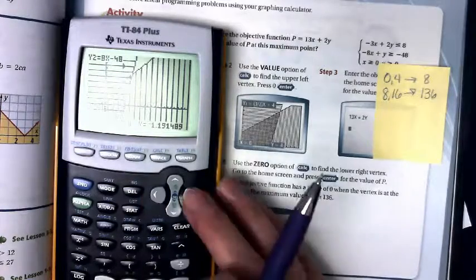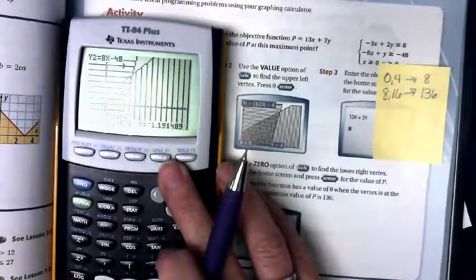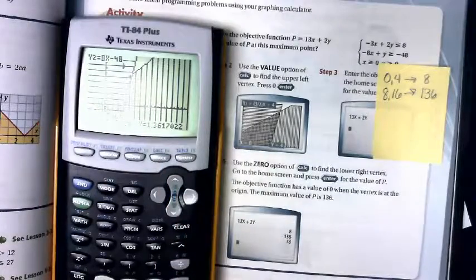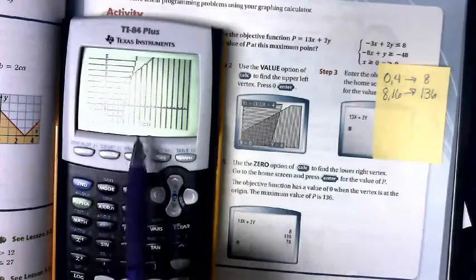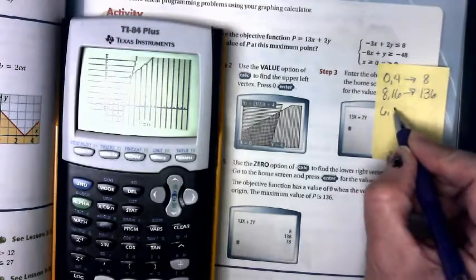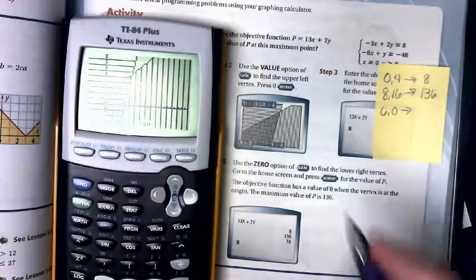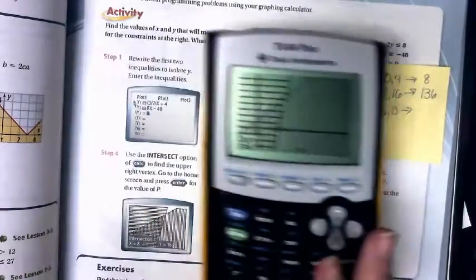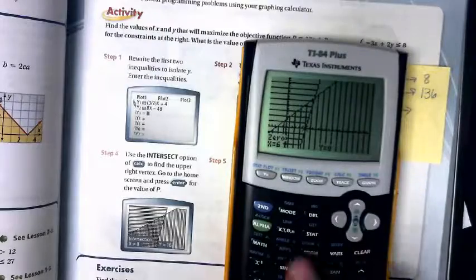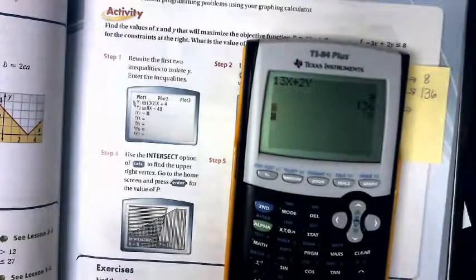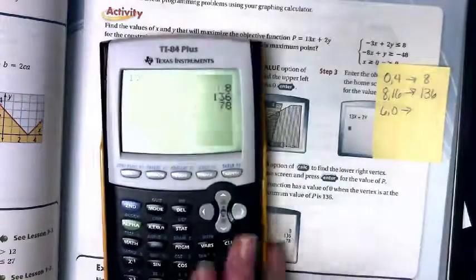And then I'm going to do a right bound. And then I'm going to do a guess. And I've got 6, 0 is another point in that feasible region. So now that I've got that highlighted, I'm going to go back to my home screen and I'm going to hit enter again, and I'm going to get 78.